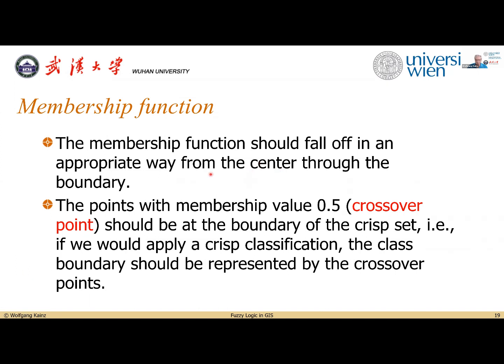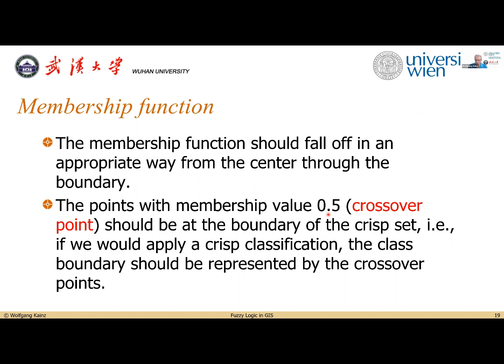So what this statement means is that the function should fall off from the center through the boundary, and the point with a membership value of 0.5 is also called the crossover point. This crossover point should normally be at that area where we would draw the crisp boundary if we take the crisp, clear-cut classification, like 185 in our example.